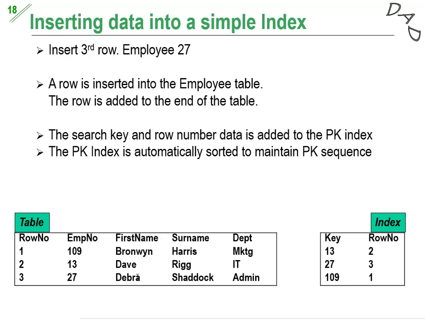Then it records the address, and inserts the primary key, or what we call the search key, into the index file, and it is automatically sorted according to key value. Now number 13 comes first, number 27 comes second, and number 109 comes third. And then the addresses adjust accordingly.